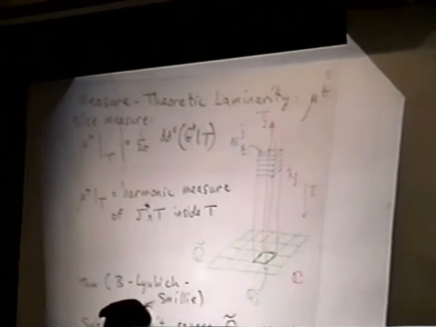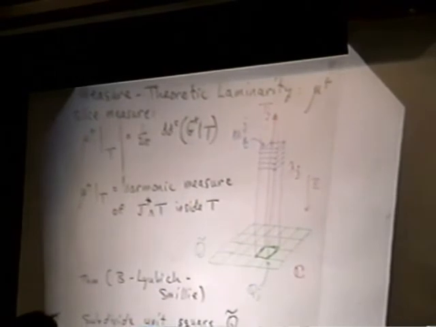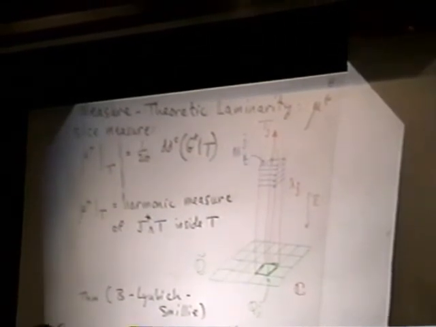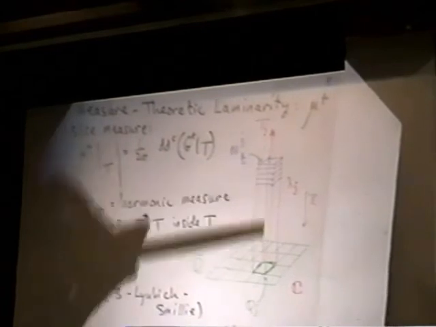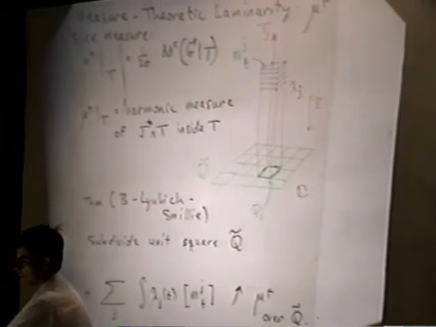The statement of the theorem is that over any particular subsquare there are a lot of complex graphs up above. We have some transversal measure, lambda sub j. We make the laminar current, and as we subdivide more and more finely, this sum of laminar currents increases up to mu plus.